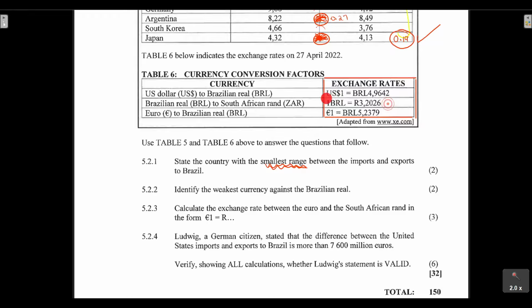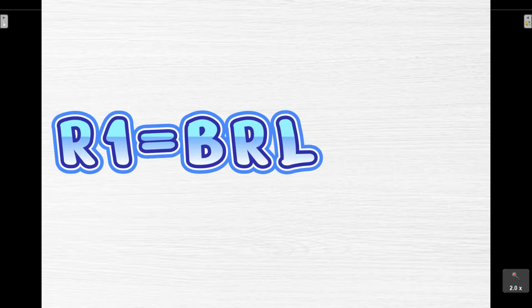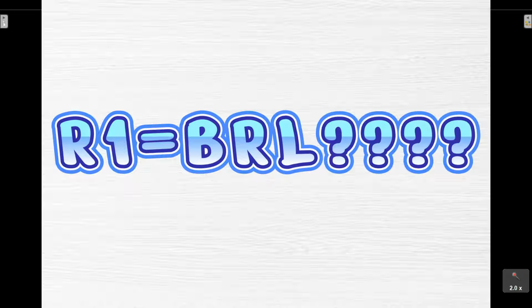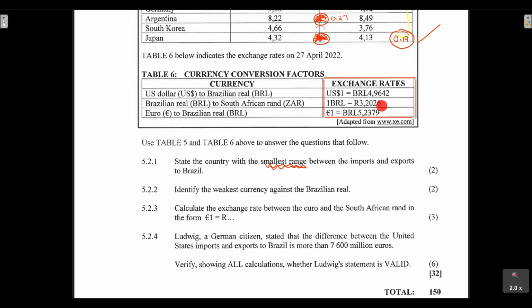Now we need to determine if you have R1, how many Brazilian reals will that give us? Here it is written as 1 Brazilian real is equal to 3 rand and 2026 cents. But I think it would be advisable to think of it as, if I have 1 rand, how many Brazilian reals will that give me?